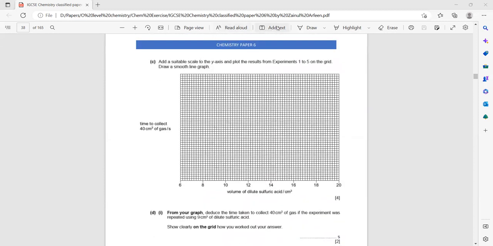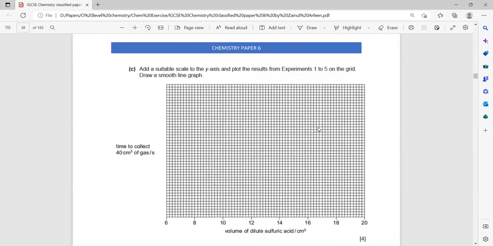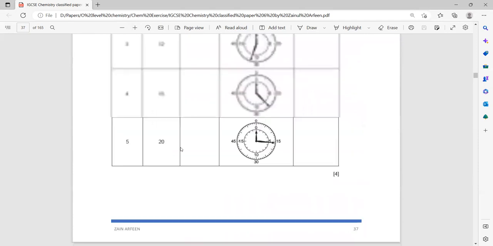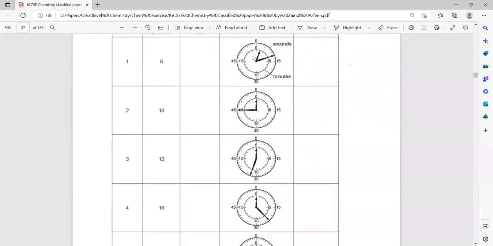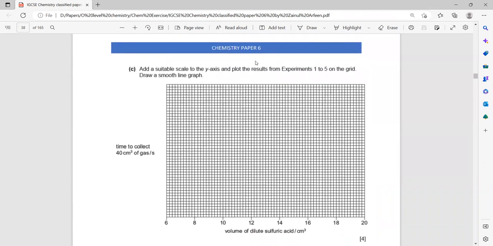Then you have to draw a graph, choosing a suitable scale for the y-axis for experiment 1 to time. If you check the numbers, we have from 72 and the minimum value was 16. They did not mention anything, we want a smooth line graph.